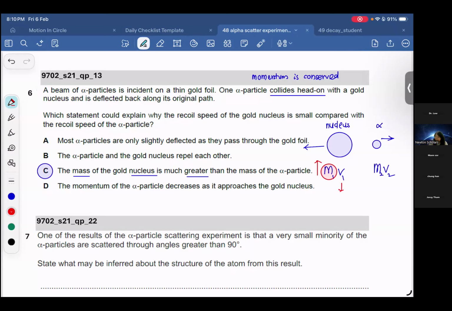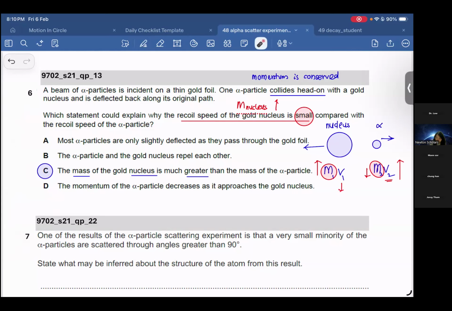Then this one, the mass is small, so the speed will be higher. So why is the recoil speed of the gold nucleus more? Because of the mass. The mass of the nucleus is greater, so the speed will be slower. Okay, A answer, most alpha particles are only slightly deflected as they pass through the gold foil.